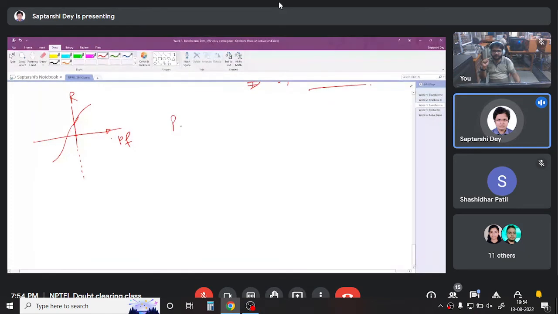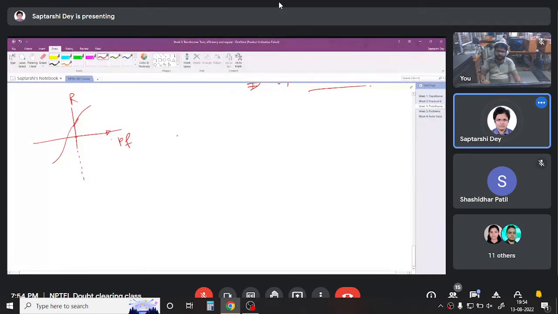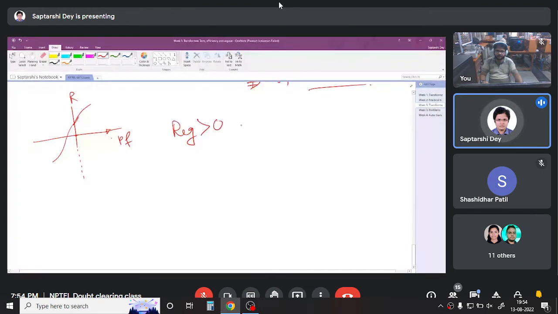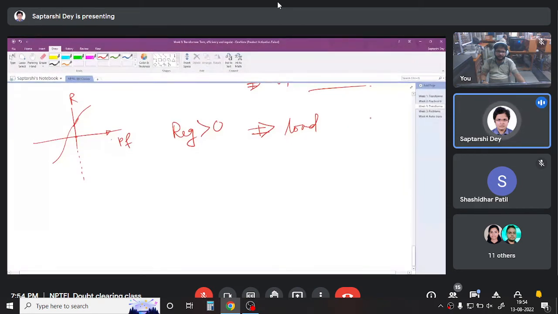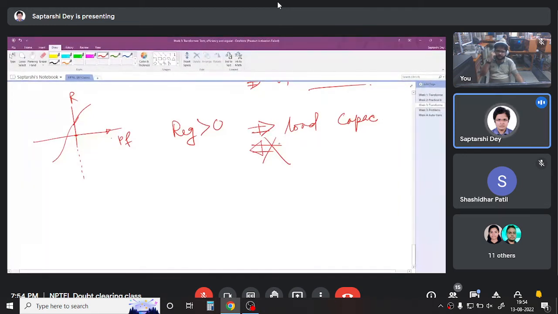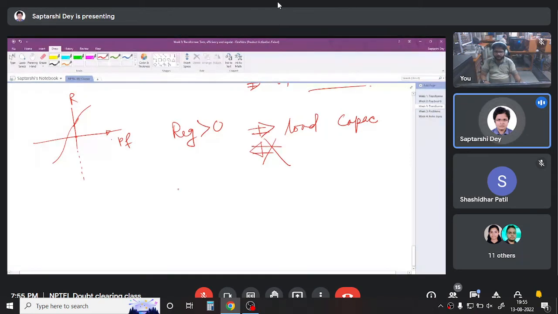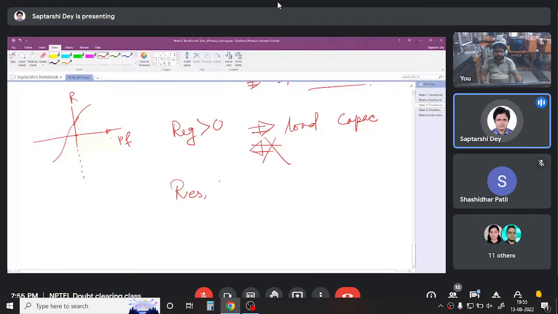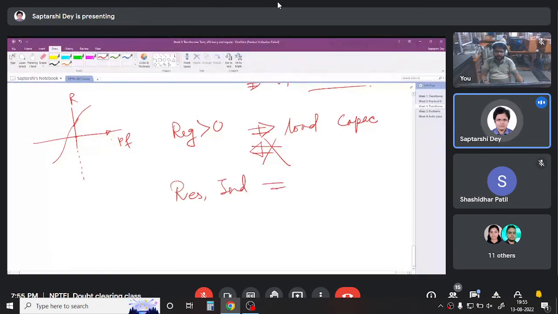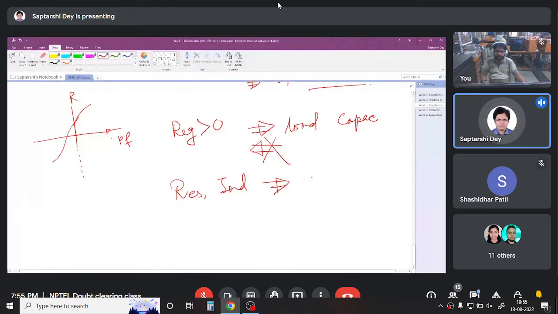So if the regulation is positive, the load is definitely capacitive, leading power factor load. But the converse is not always true. Capacitive load can also give you negative regulation, and resistive load and inductive load will always give you negative regulation.